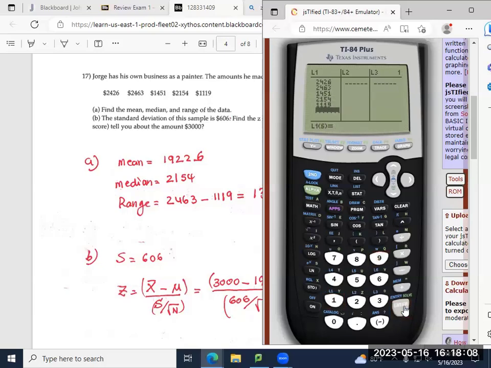Are we okay? You put the numbers there, you go to start. That's a regular calculation. You do 1-Var Stats, L1 only, no frequency, calculate, and done.